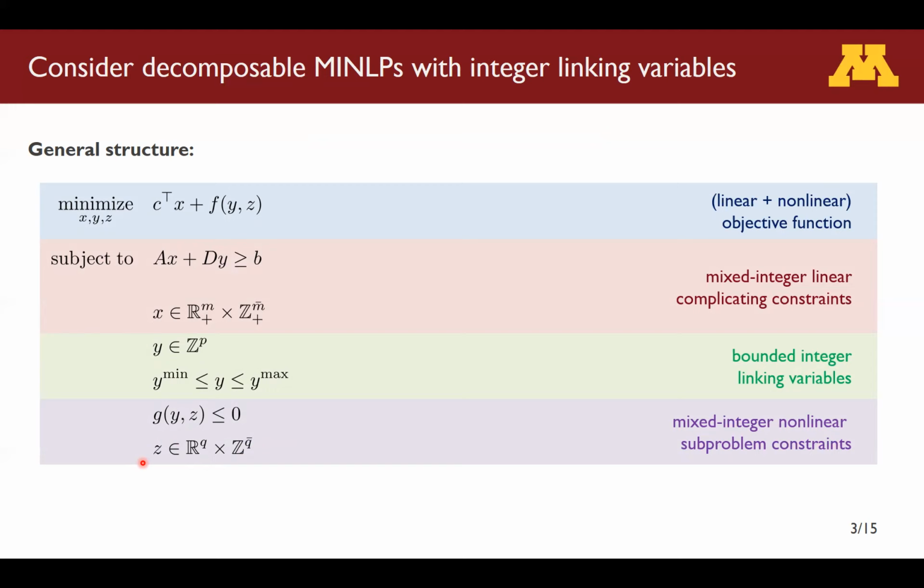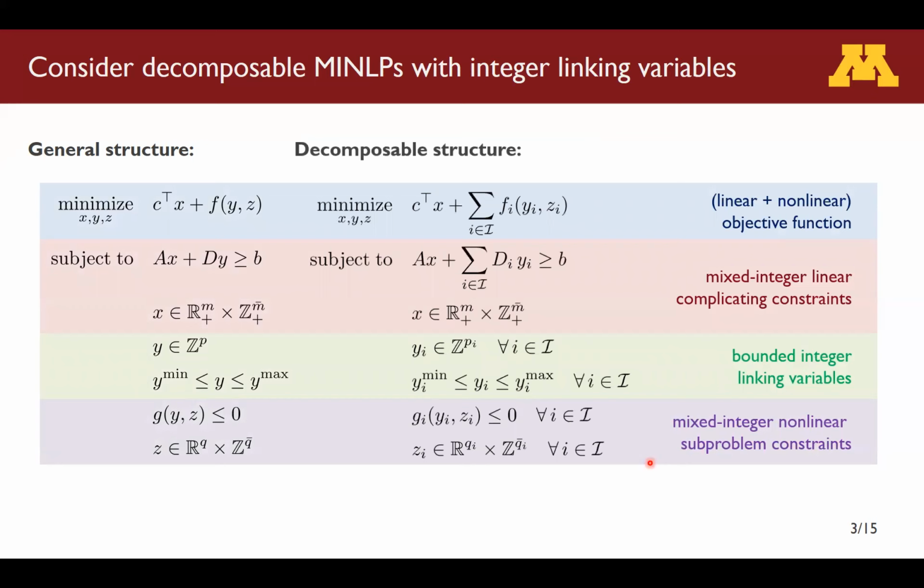Now I say that the assumption is that this problem becomes easy to solve if we remove the complicating constraints. This can have multiple reasons, but the most common one is that the subproblem has a decomposable structure. In that case, the problem would look like this, where this set script I here denotes the set of subproblems that we could solve independently once the complicating constraints are removed.